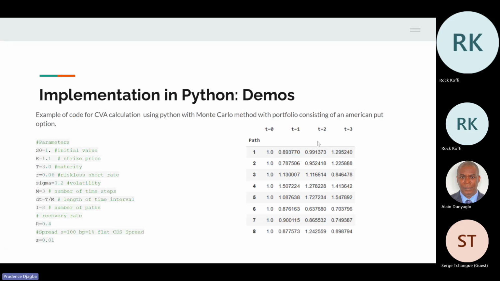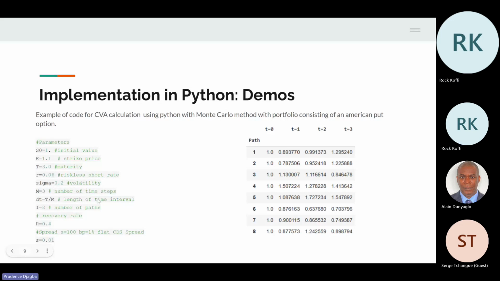We implement this algorithm in Python, and we take as parameters the initial stock price S0 equal to 1, the strike as 1.1, the maturity, which is the horizon, at T equal to 3, the risk-free rate as 0.06, and the volatility as 0.2.